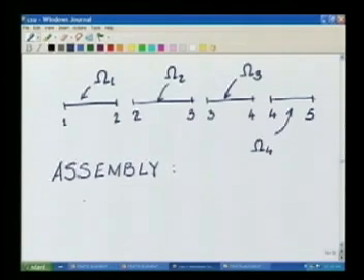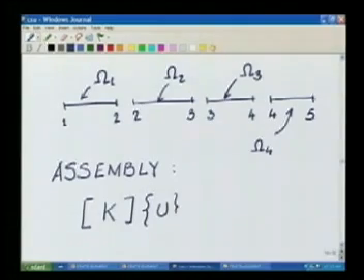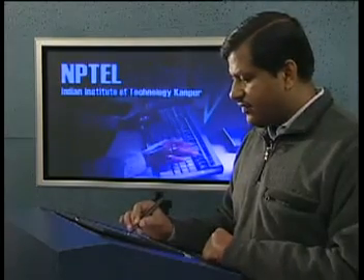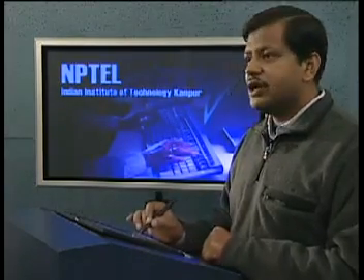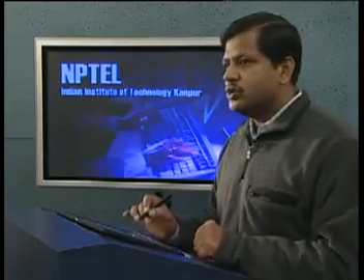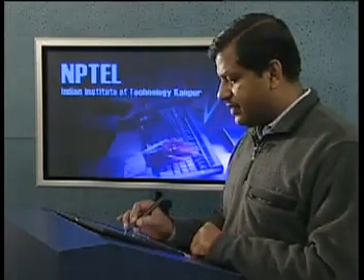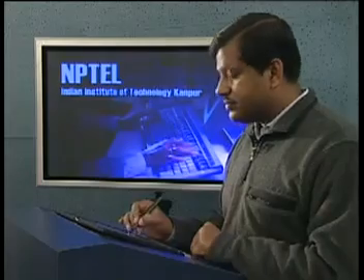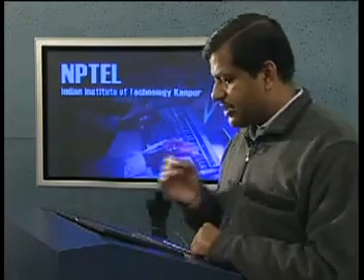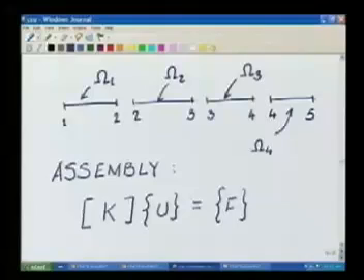Here we will add up all the element equations to obtain a so-called global matrix K, such that K into U, where U is a vector of size 5 with the unknowns U1, U2, U3, U4 and U5, will be equal to a vector on the right hand side called F. These things are also given names.